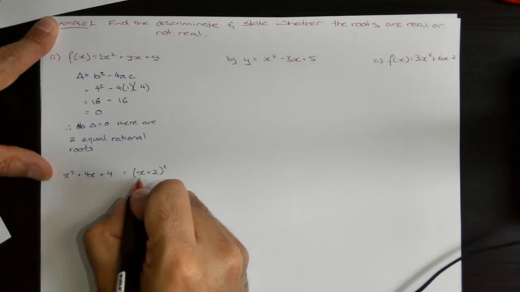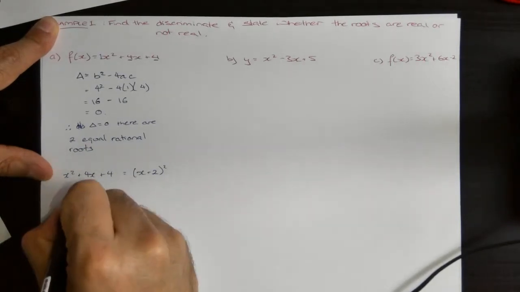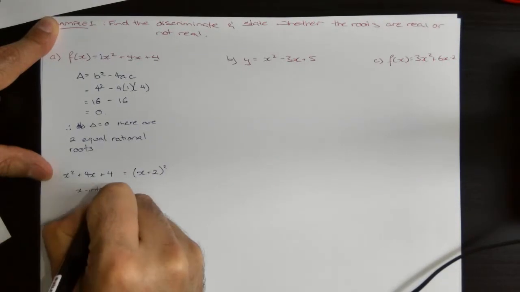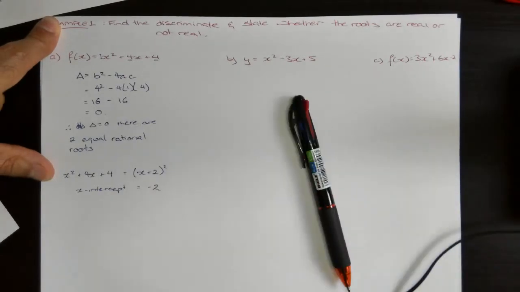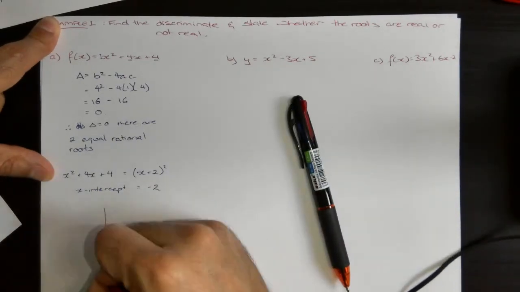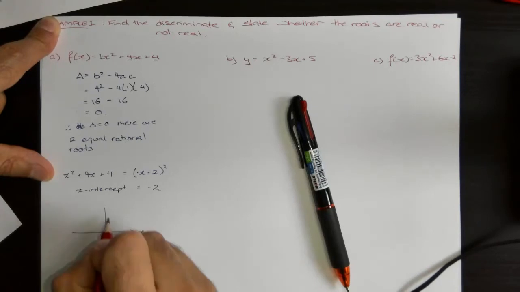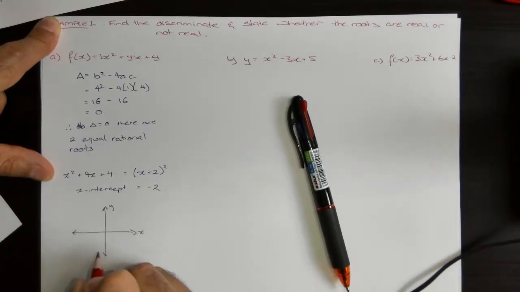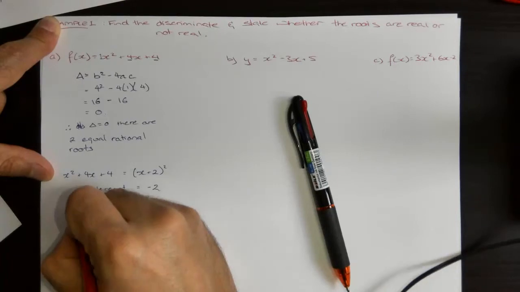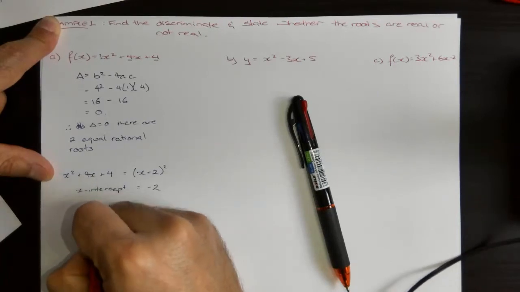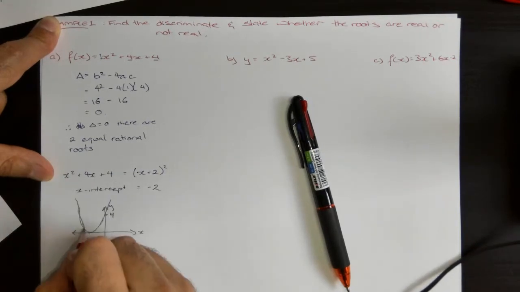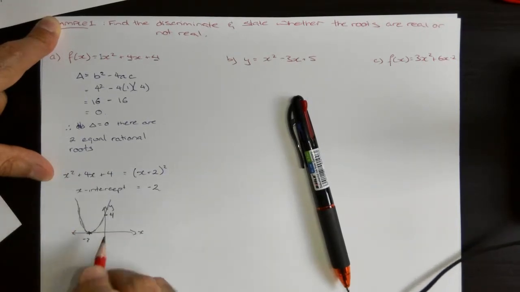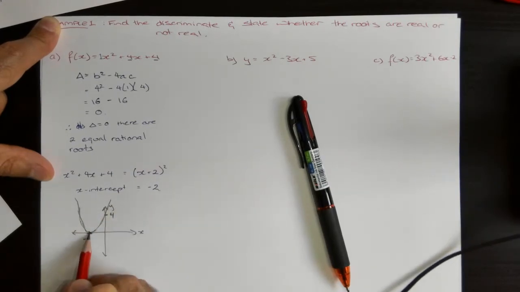So that means that the x-intercept happens at negative 2. And so we get this graph, here's your negative 2 value, and you get this parabola, that's 4, at negative 2. And that's why we have this double root, or the two equal roots which are rational.